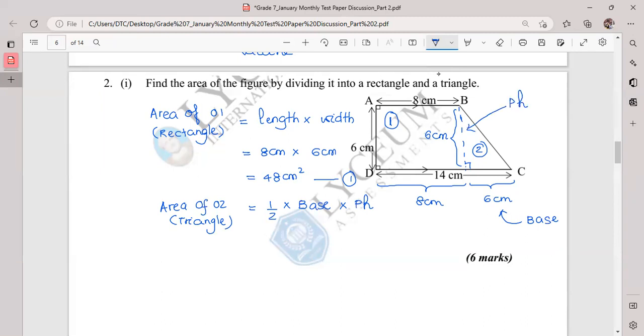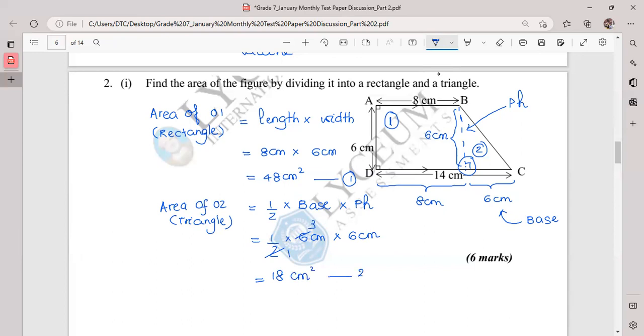You can see the 90 degree here. Therefore, the 6 centimeter vertical line will be the perpendicular height. Then I substitute the values, children: half, then the base is 6 centimeters and the perpendicular height is 6 centimeters, right? So you can simplify 2 times 1 and 2 times 3. 3 times 6 is 18 centimeters squared.